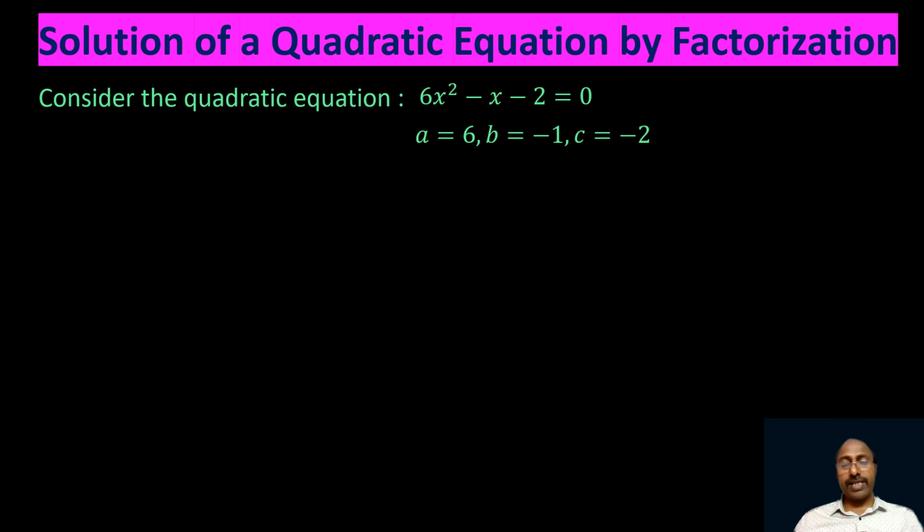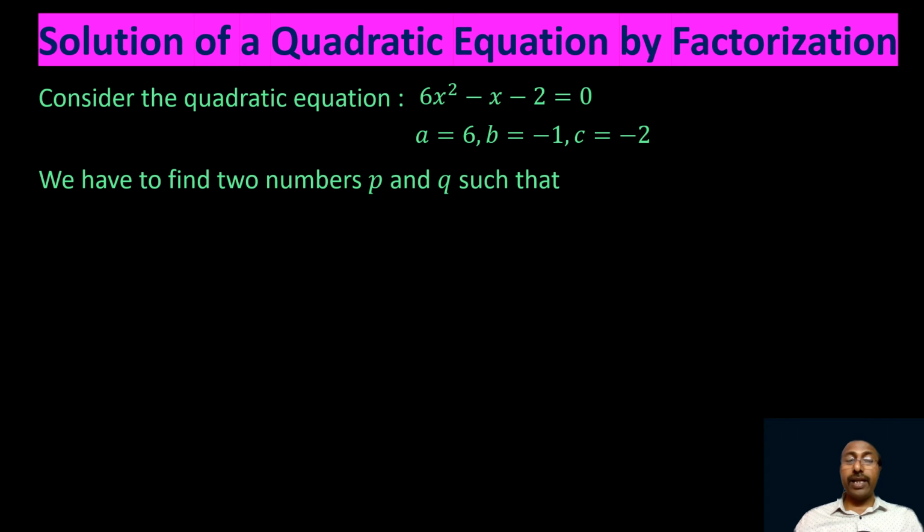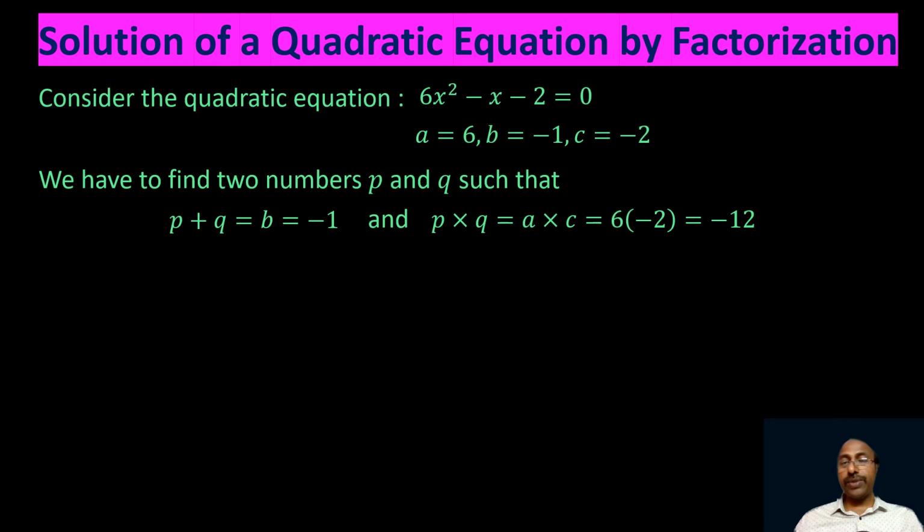The coefficient of x is -1, and c is the constant, which is -2. And we have to find two numbers p and q such that p + q = b, that is -1, and p × q = a × c, that is 6 × -2 = -12.